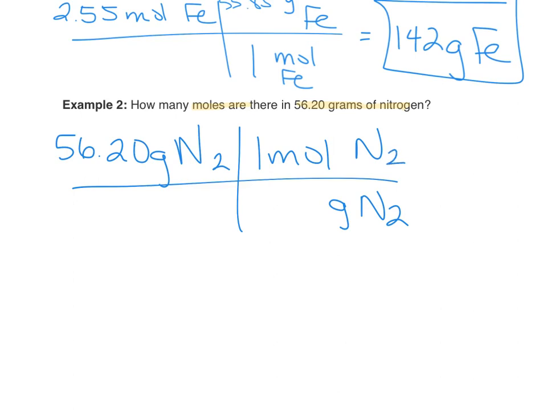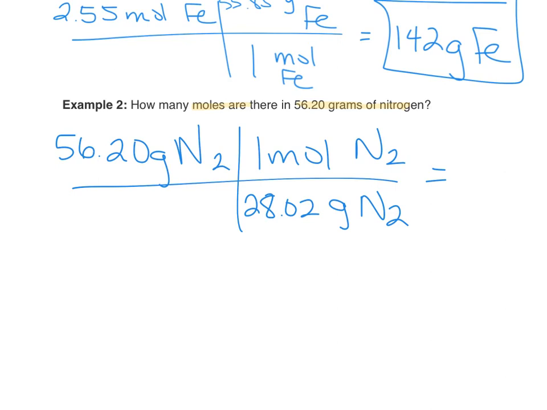Heads up, the molar mass of nitrogen is not just going to be straight up what you see on the periodic table. Since for every 1 particle of nitrogen that contains 2 nitrogen atoms, we have to double it. Your periodic table says 14.01, so it's going to end up being 28.02 grams. So diatomic. You're going to multiply 56.2 times 1 divided by 28.02, and you're going to get about 2.